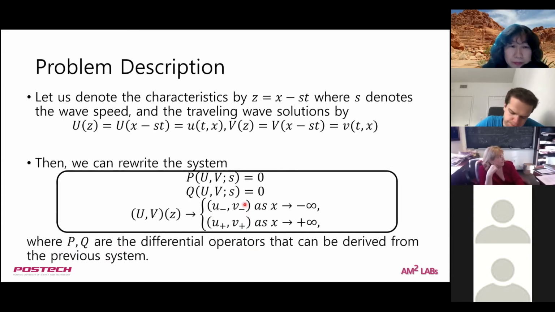Then we denote the characteristics, or you can say traveling ansatz, like z equals x minus st. Here, s denotes the wave speed, okay? And then the wavelength of traveling wave solutions can be written like this, with this traveling ansatz.